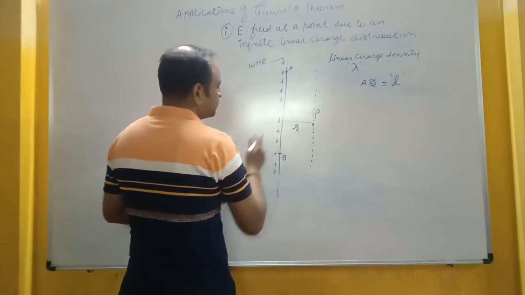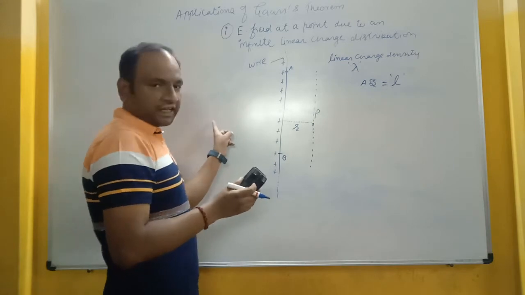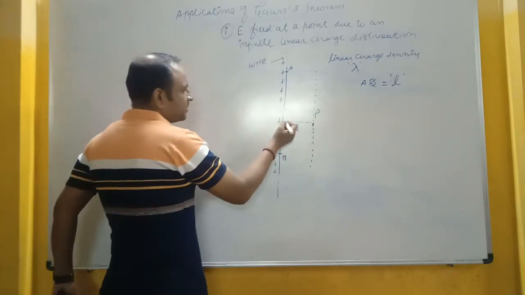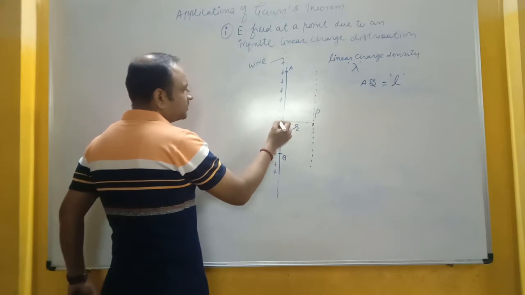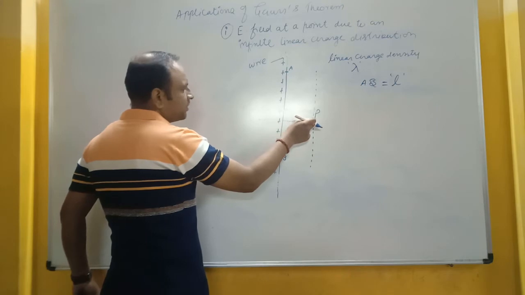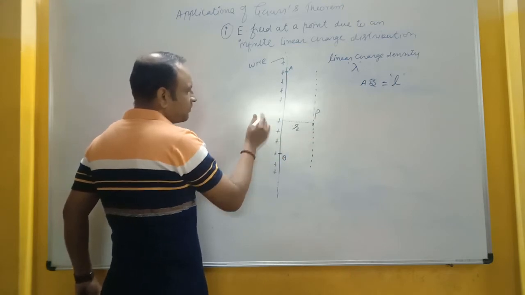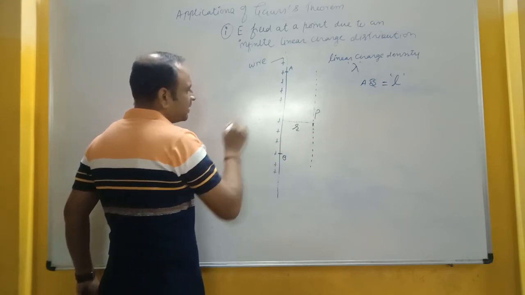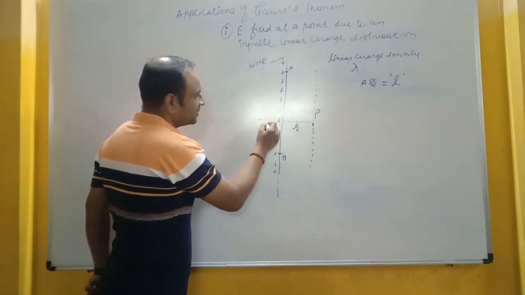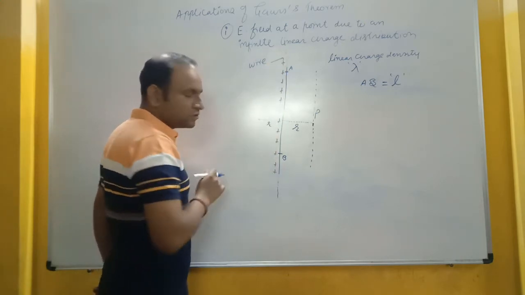Similarly, on the other side of this wire, on the left hand side, suppose I consider another point at the same distance as this point P from the wire. If I name it P dash, the distance of P dash from this wire is also equal to R.